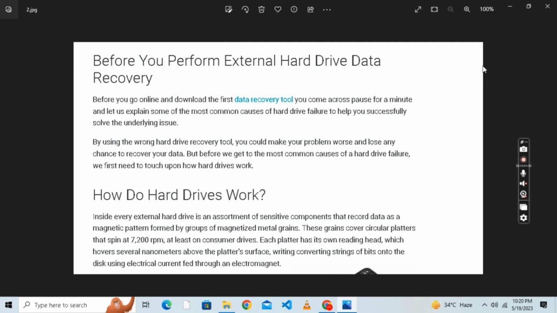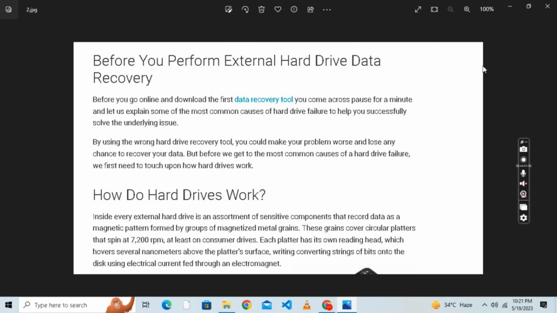But before we get to the most common causes of hard drive failure, we first need to touch upon how a hard drive works. How do hard drives work? Inside every external hard drive is an assortment of sensitive components that record data as a magnetic pattern formed by groups of magnetized metal grains.